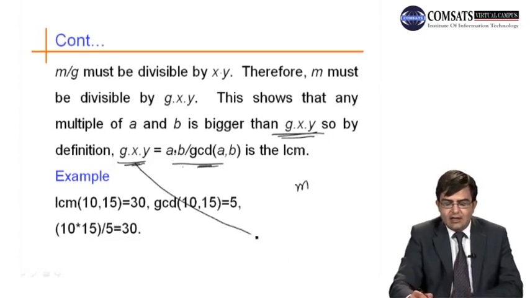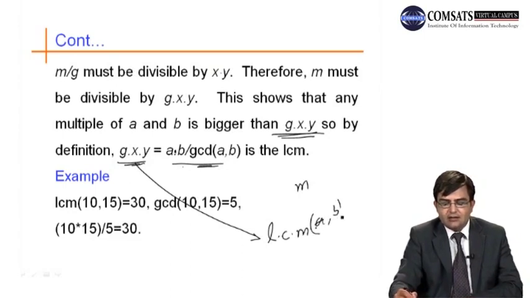This will be the LCM, and LCM of A, B is equal to A into B divided by GCD of A, B.